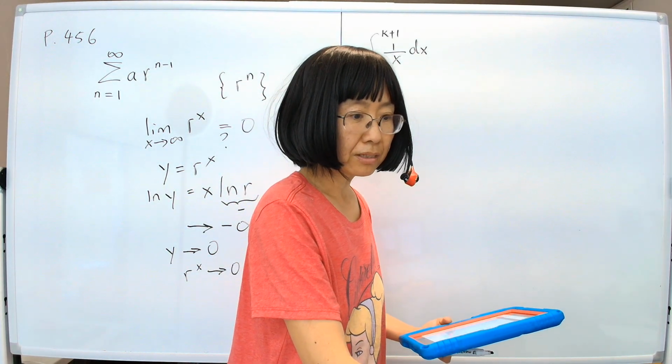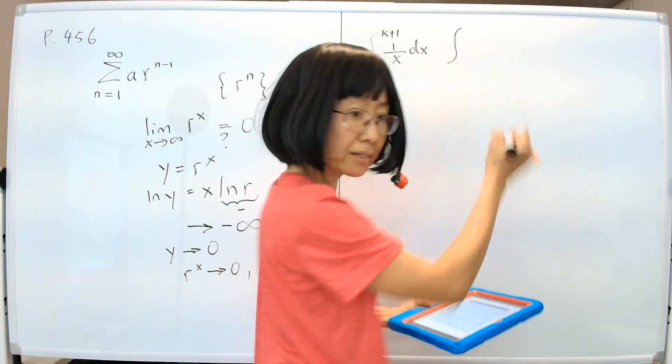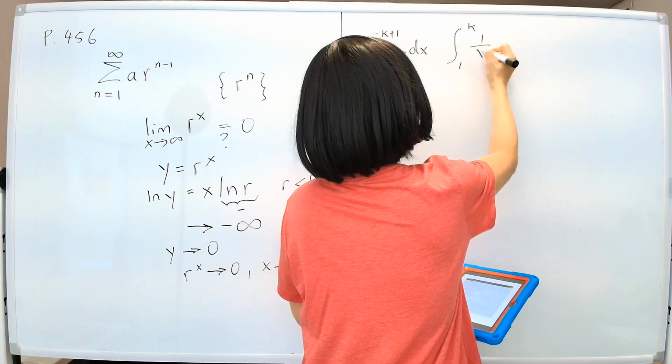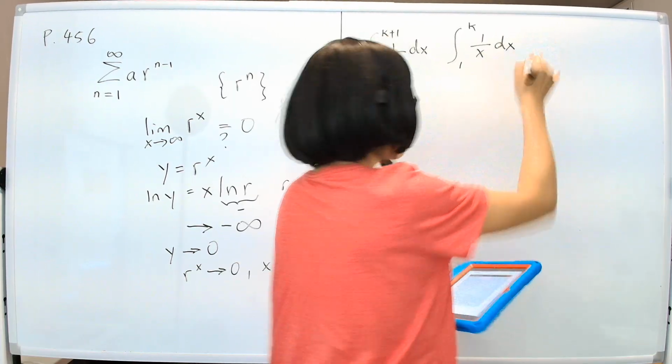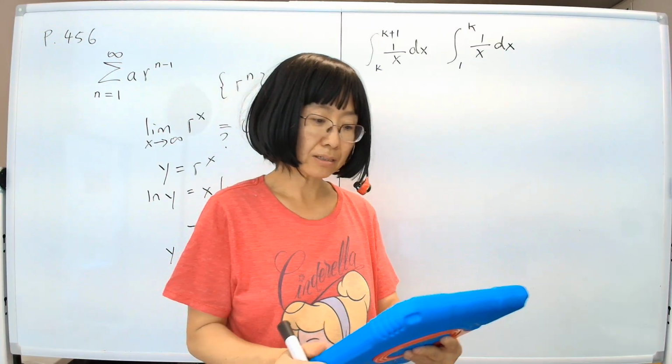And also, similarly, you need to consider the same integral, except from 1 to k of this thing. These two integrals will help you calculate Euler's constant.